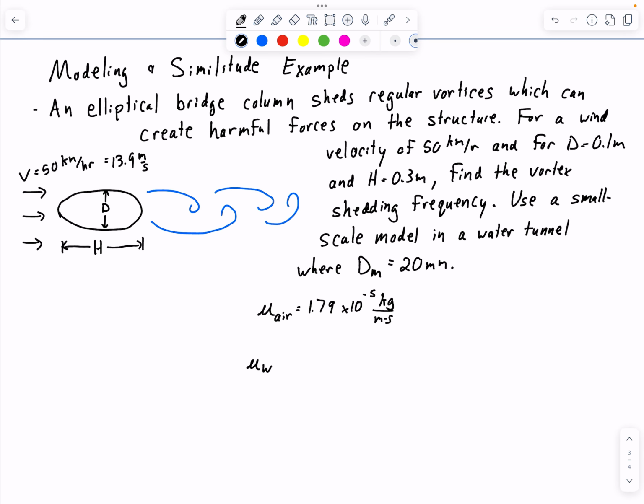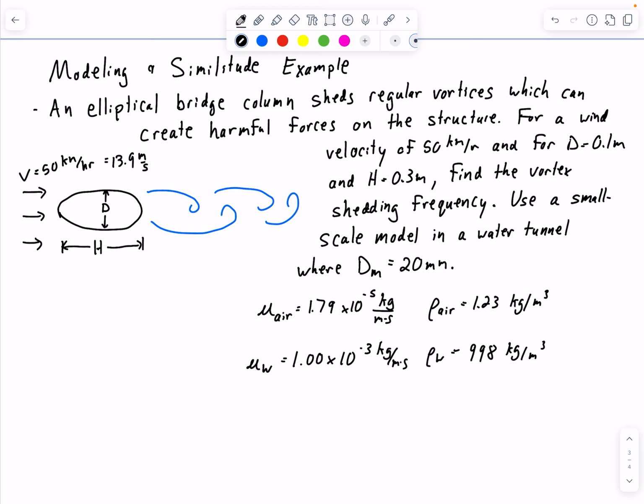The viscosity of water, though, is 1.00 times 10 to the negative 3 kilograms per meter second. So we're using a different working fluid. And we know the density of air is equal to 1.23 kilograms per meter cubed, whereas the density of water is, we'll say in this case, 998 kilograms per meter cubed.